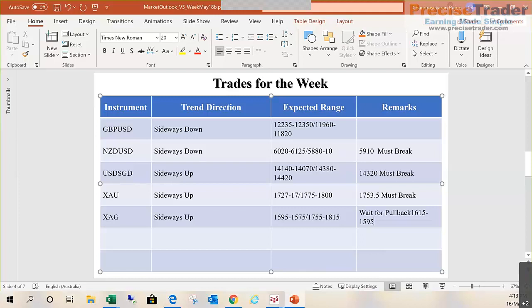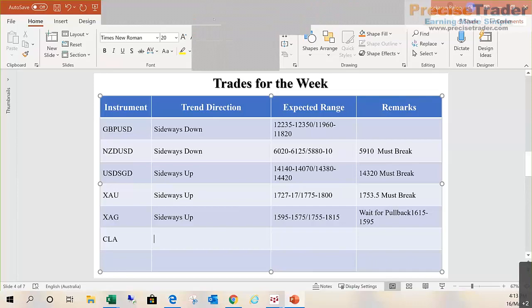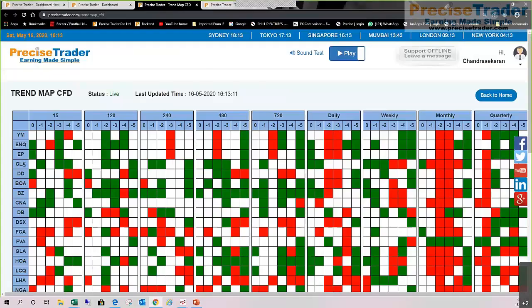The next one we are looking at is crude. Crude looks strong here on the weekly. In fact, it's up for the last 3 weeks in a row. The daily is also up, and monthly right now is hitting the resistance of the previous month.